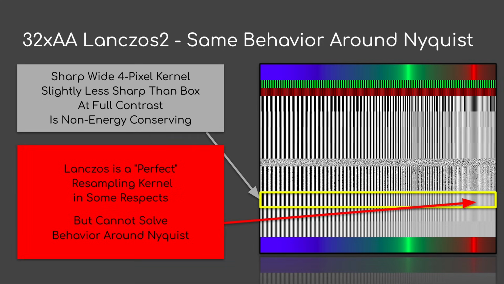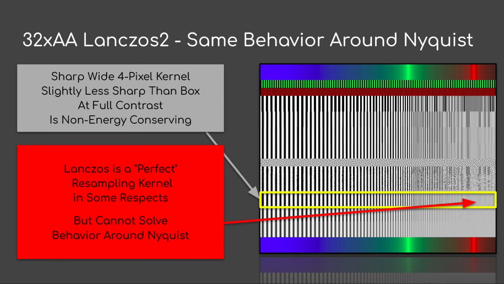So one might ask, what happens if we change from a box filter to something like a Lanczos, in this case a Lanczos 2? This row is doing 32x anti-aliasing with a 4 pixel wide kernel, and there is no jitter on this line, or no noise. There is a little bit of cheating in here in that this is already peak contrast, and Lanczos will push it below 0 and above 1.